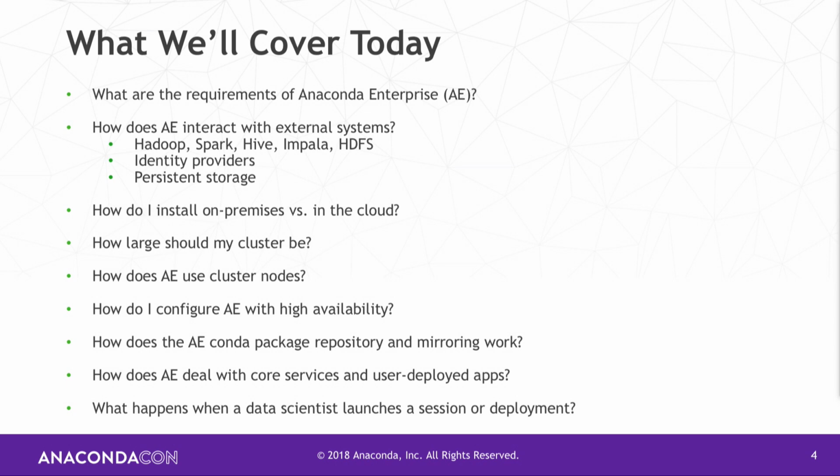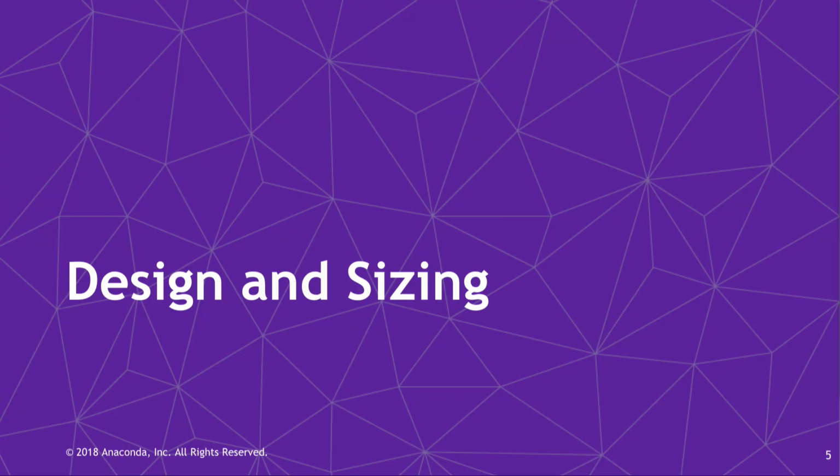Why does it run on a cluster? How do I configure high availability? How does the Conda package repository and mirroring work? So I conda install, but if I want to do that on premises, how do I do that? And then finally, things like core services, user-deployed apps, and what actually happens in Anaconda Enterprise when you launch a session or deployment. This gives us a better understanding of how that might work globally in an organization.